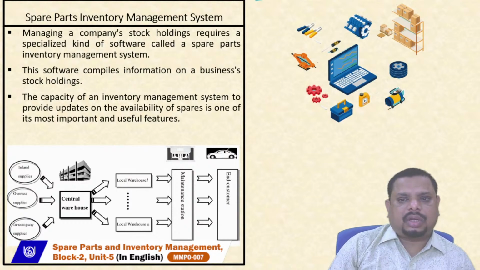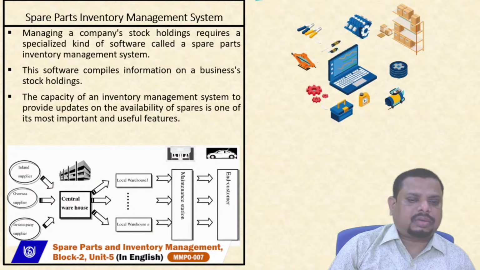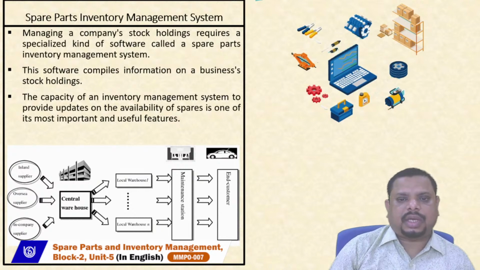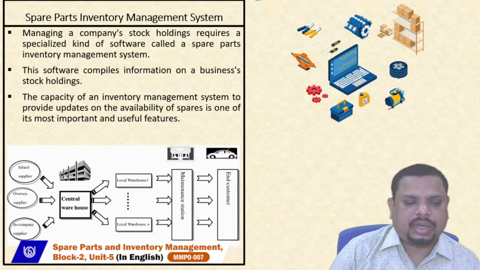These local warehouses are well connected to the central warehouse. If there is a scarcity of any spare parts at the local warehouse level, they immediately communicate to the central warehouse so that it can provide the spare parts on time, to avoid customer irritation and any interruption to the maintenance service provided to the automobiles. So let's understand the different theoretical aspects.